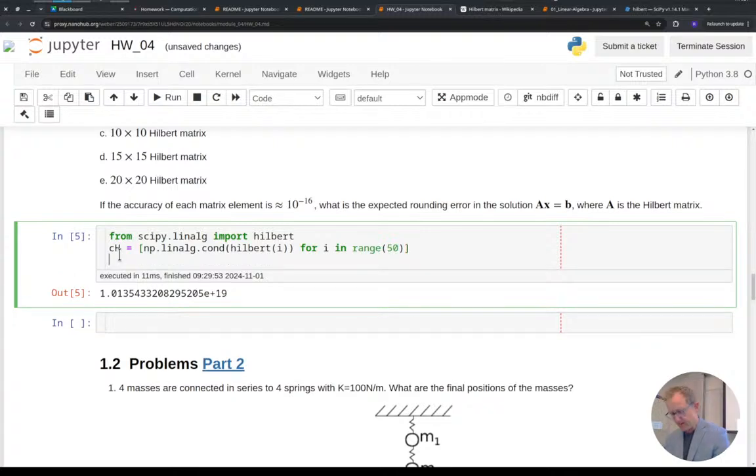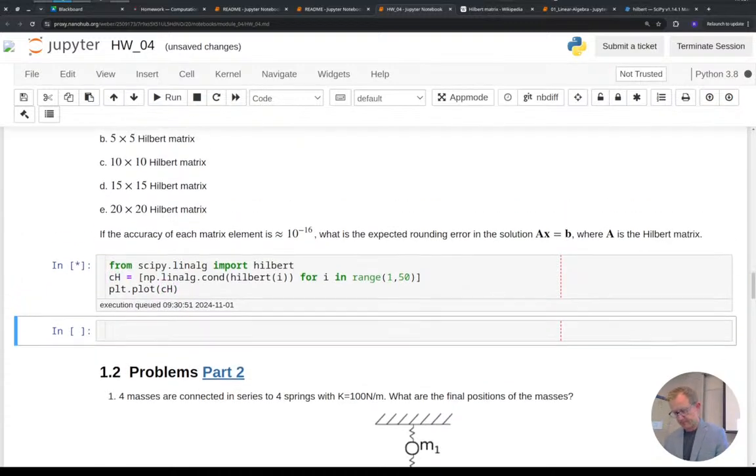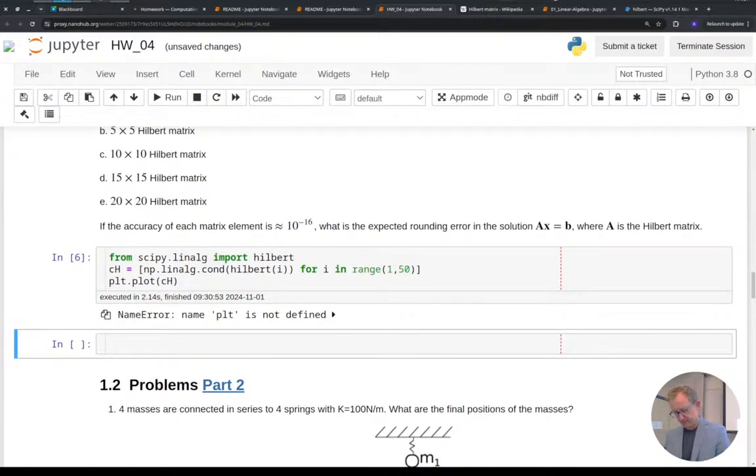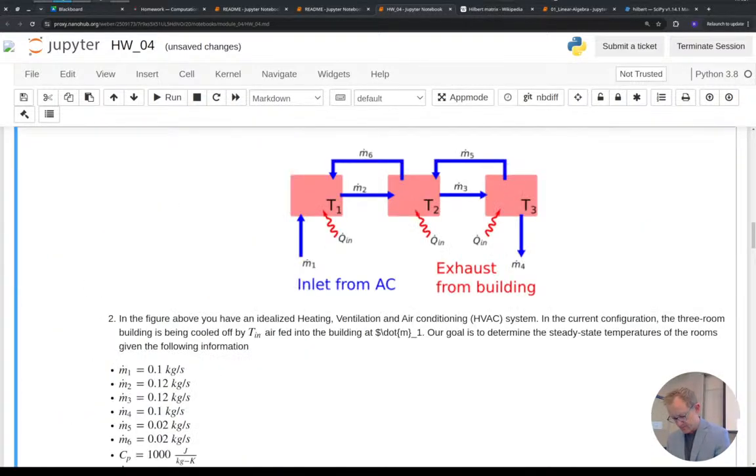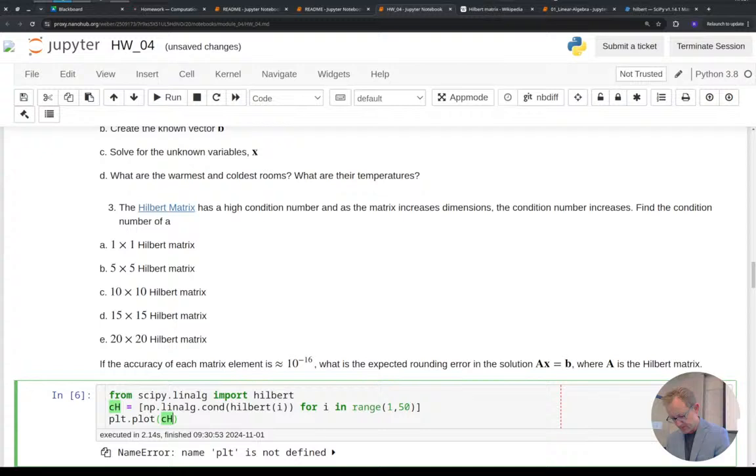Calculate all the, I guess we should start at 1, huh? And I should probably import the stuff that I want.